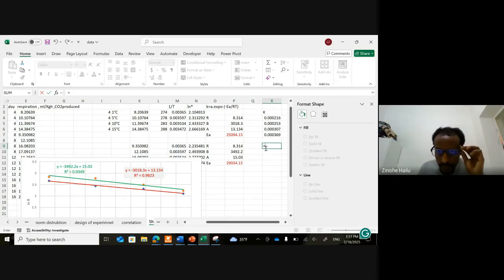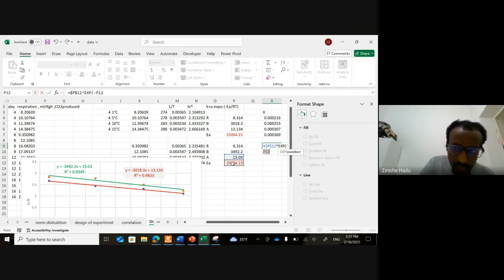A is this one, we have to fix, and then times exponent minus activation energy, this, we have to fix, over R, we have to fix, times T, the temperature, this, and then enter.